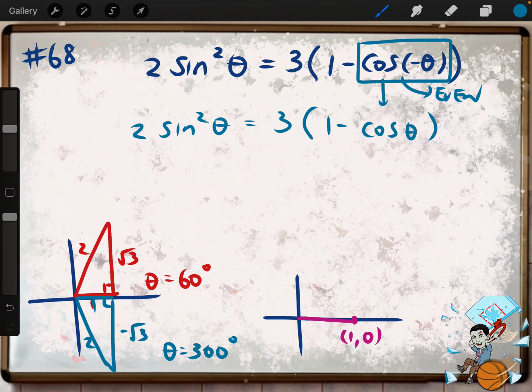Okay, so I'm going to distribute the 3. I'm just going to erase it so I can save some space. 3 minus 3 cosine theta. The next thing I want to do is move these two terms to the left side.